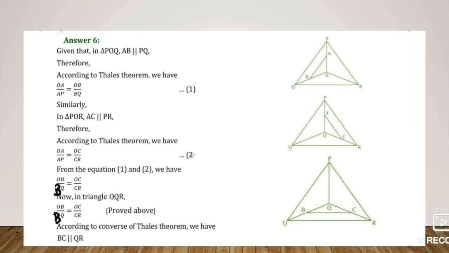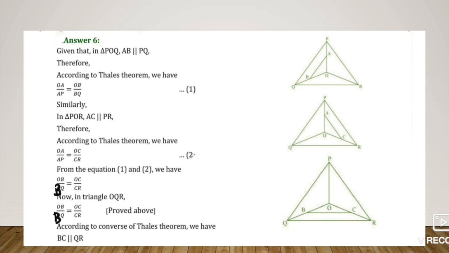Okay, so here is the solution of question number 6. If you look at the first figure, in the first figure I have not considered the line AC and BC. I have only considered the line AB. I have only joined the points A and B. As you can see from the given condition, AB is parallel to PQ.